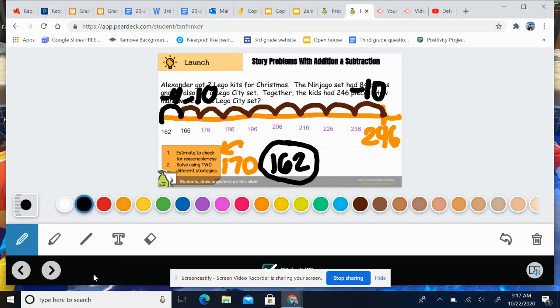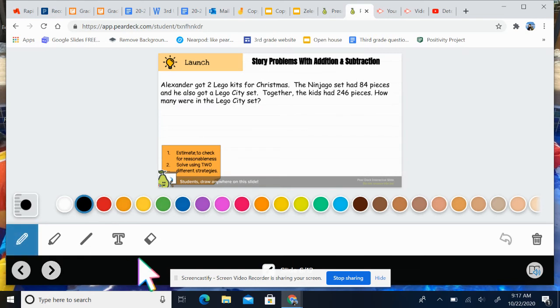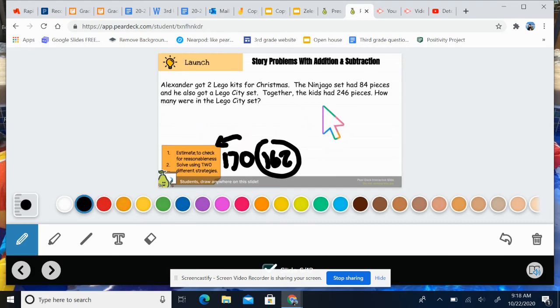So we can go over here. Record the same information. And now I'm going to use a picture for this. Remember, for subtraction, you just draw the largest number and you subtract the smaller number. So I'm going to draw 200, 10, 20, 30, 40, 1, 2, 3, 4, 5, 6.